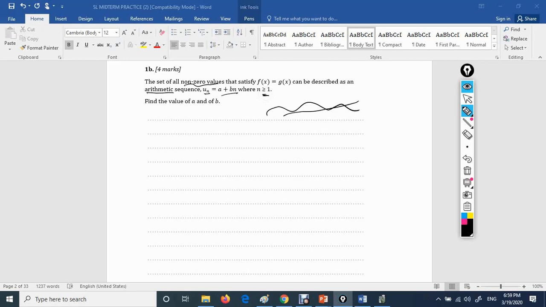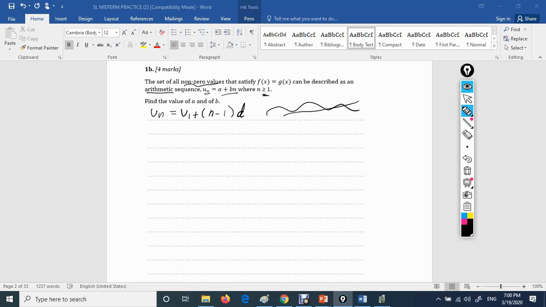Okay, so let's think about the normal formula that we have for an arithmetic sequence. Remember that the nth term of an arithmetic sequence is equal to the first term plus n minus 1 times the common difference. Now, this is part of what the IB expects you to be able to do. This formula you will find in the formula booklet, but they expect you to remember how to use these formulas.